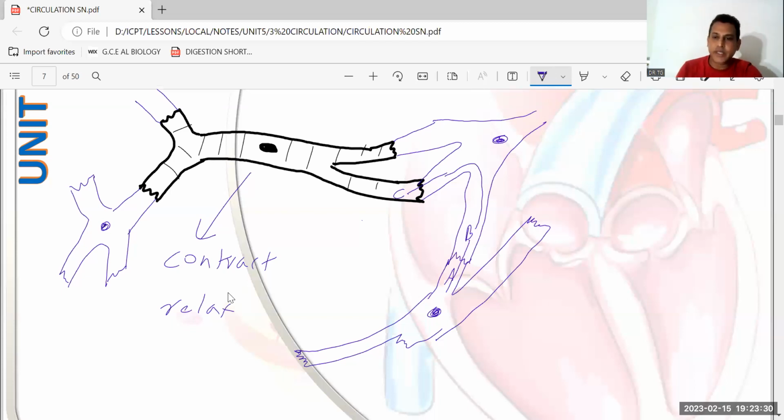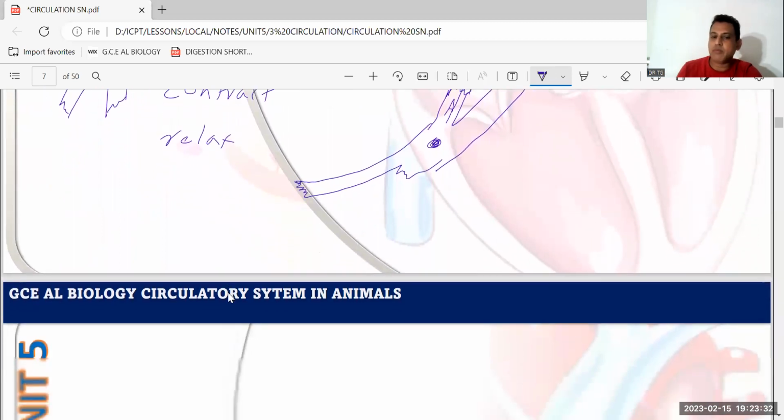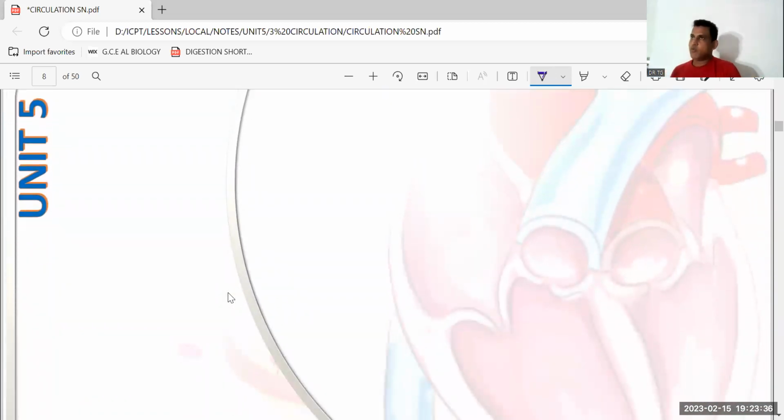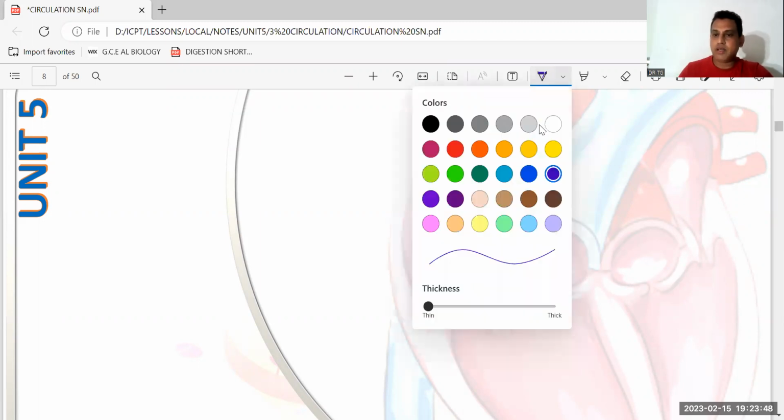So then we can make a half decision. Well, it is not connected to the nervous system. Maybe it is connected to the nervous system. So we make a clear conclusion now.